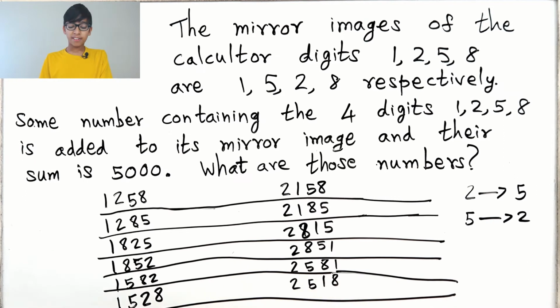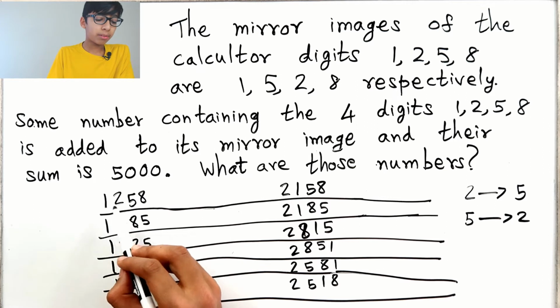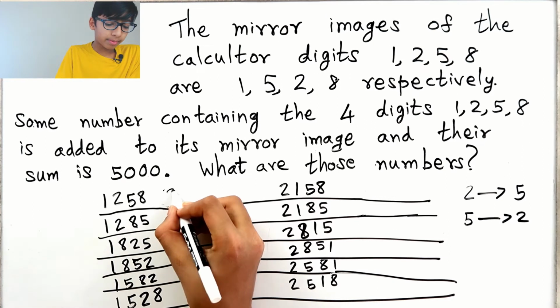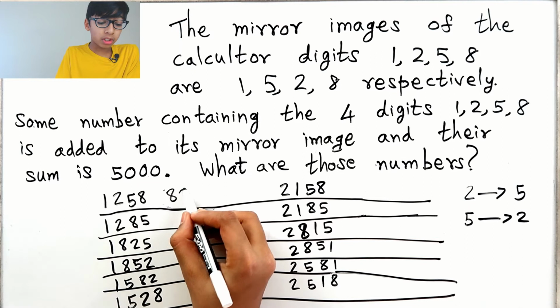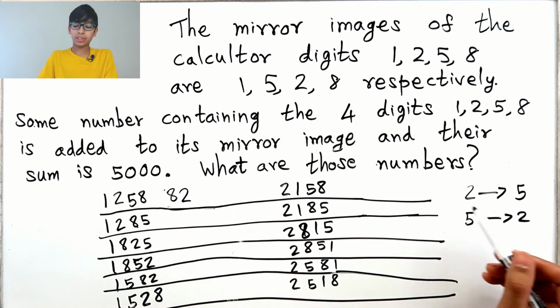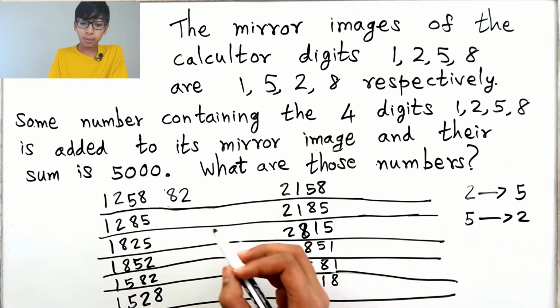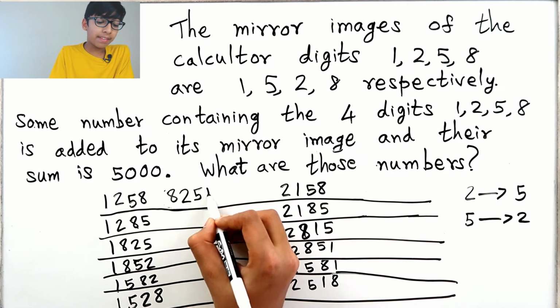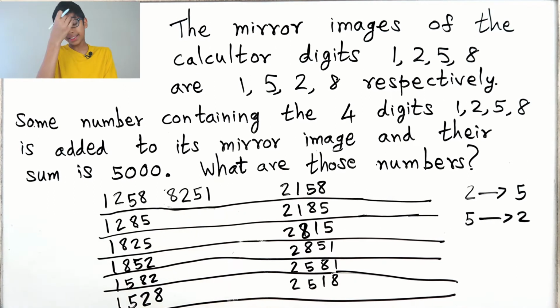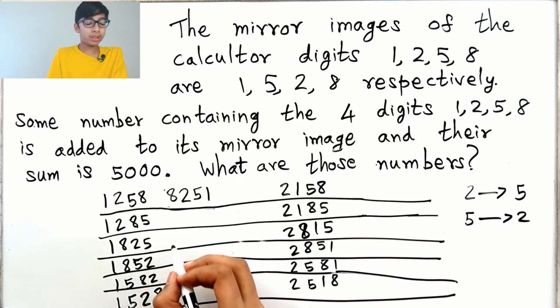Okay, so now here we have to mirror these numbers. So if we mirror this number, it would be 8, and the 5 would be 2, because that's what it's shown here, and then the 2 would be a 5, and then a 1. So now let's do the same thing for all the other numbers, so I'll just do it now.